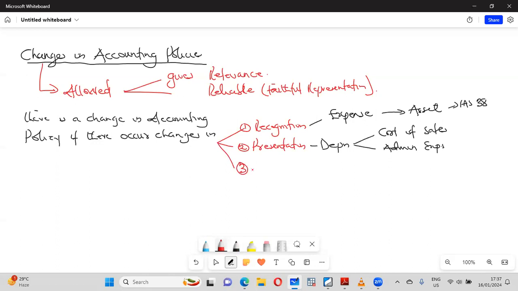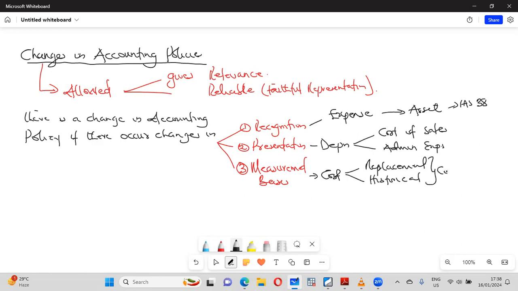Then the last one is measurement. All right, measurement basis. In terms of measurement, when we say use the cost, some people will talk about replacement cost. Others will be using the historical cost.